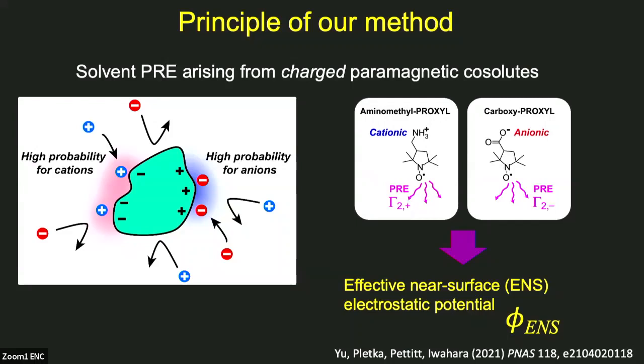And such bias is different for these two compounds because their charges are different. And by analyzing PRE for these co-solutes, basically, we can get effective near-surface electrostatic potentials. In the next few slides, I will explain how it works.